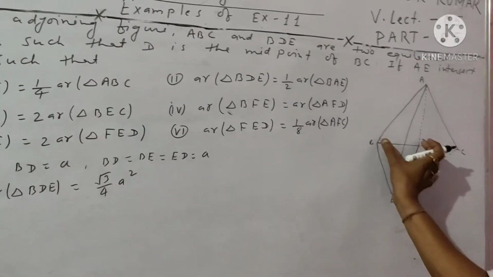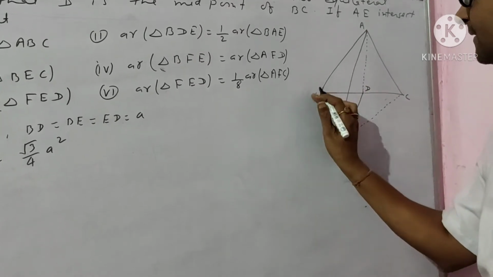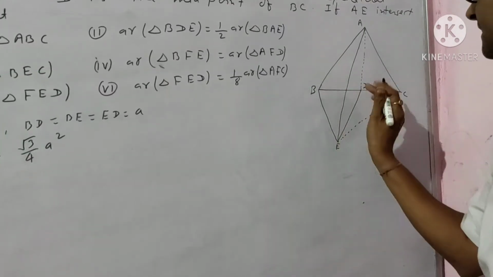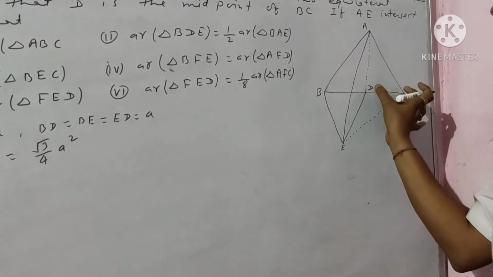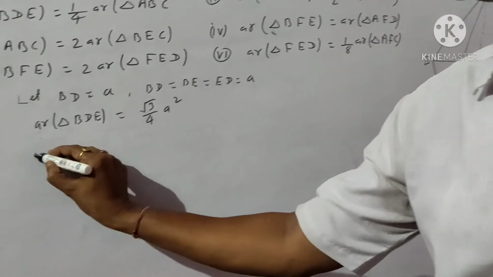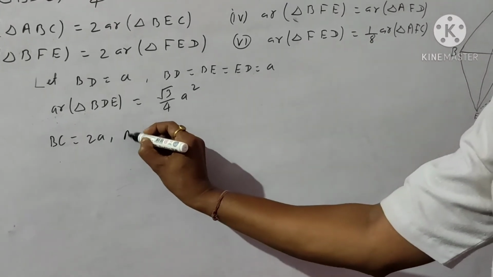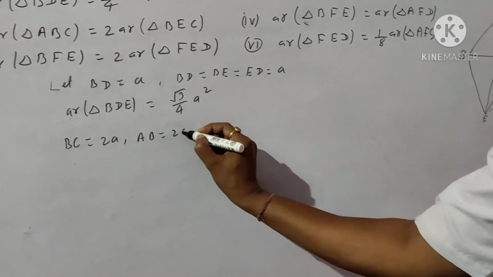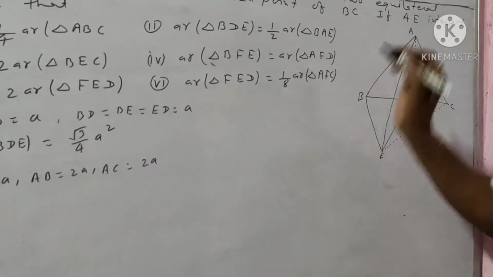If this side is A and D is the midpoint of BC, then this side is 2A, because A plus A is equal to 2A. So BC is equal to 2A, AB is equal to 2A, and AC is equal to 2A, because ABC is an equilateral triangle, so all sides are equal.